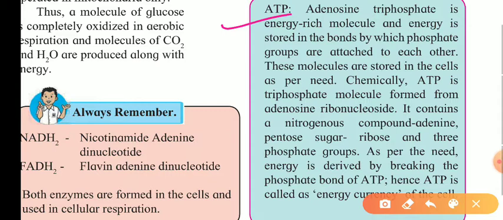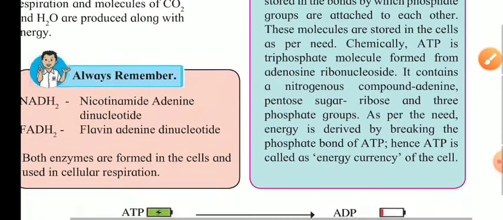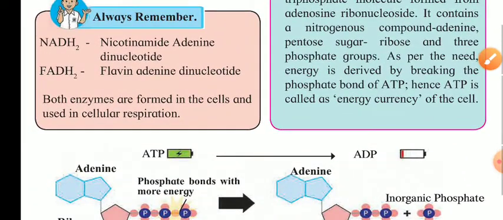It contains a nitrogenous compound adenine, the pentose sugar ribose, and 3 phosphate groups. As per the need, energy is derived by breaking the phosphate bond of ATP. Hence, ATP is called the energy currency of the cell.